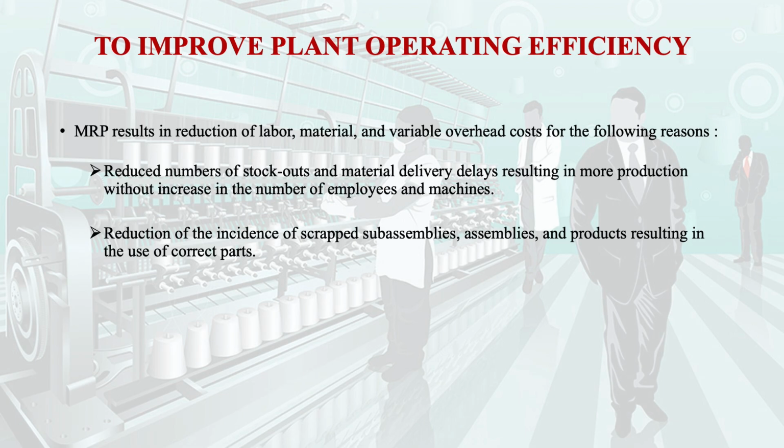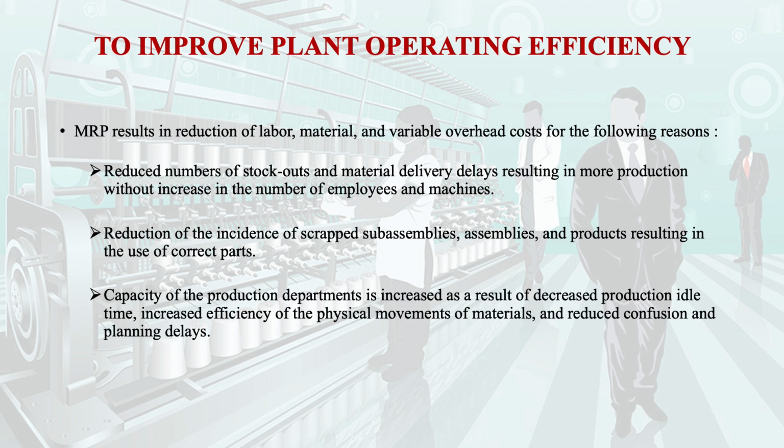Reduction of incidence of scrapped sub-assemblies, assemblies and products resulting from the use of correct parts. The capacity of the production department is increased as a result of decreased production idle time, increased efficiency of physical movement of materials, and reduced confusion and planning delays.